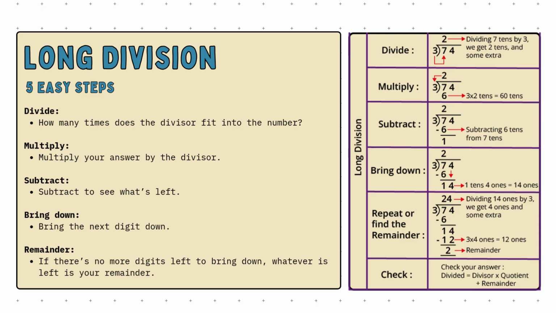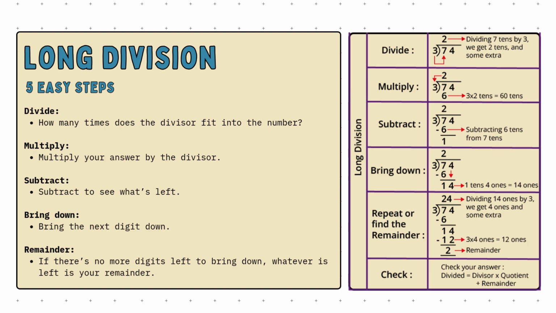Let's learn what each of these steps mean by doing an example together. Example 1. For this slide, it is 74 divided by 3. We want to divide 74, the bigger number, by 3. So ask yourself, how many times does 3 go into 7? Well, 3 goes into 7 2 times. 3, 6. And then the next one's going to be 9, so it can't be, so it's only 2.